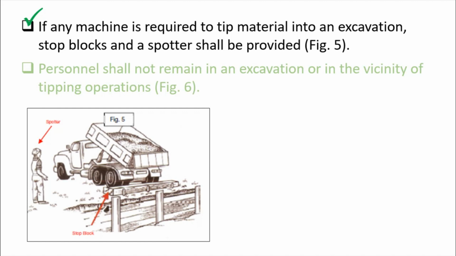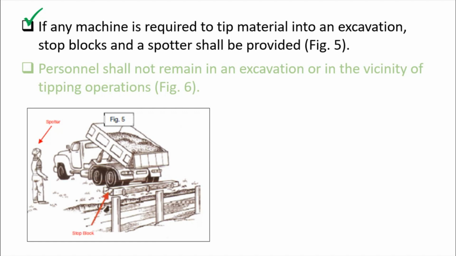So we need to identify the distance, which depends upon the excavation. For example, if the depth of the excavation is 2 meters, you can place it a minimum of 1 meter from the edge. But if you can do 1.2 meters from the edge, it is safer.